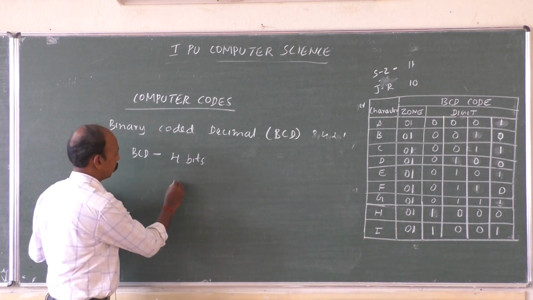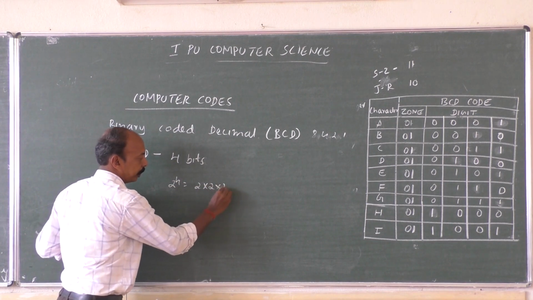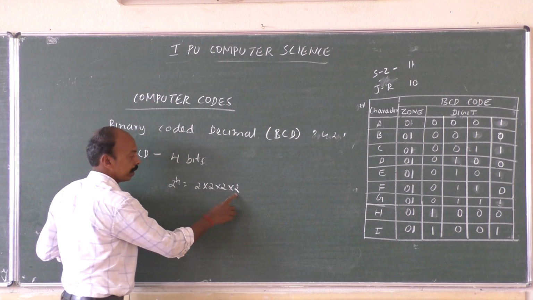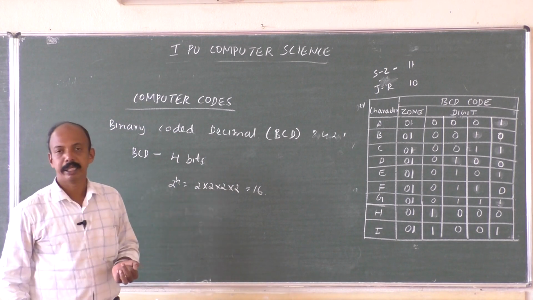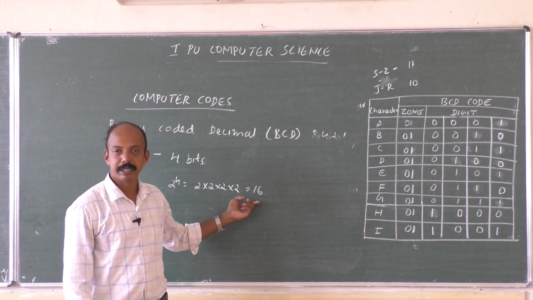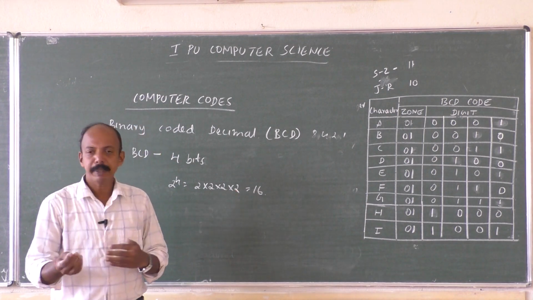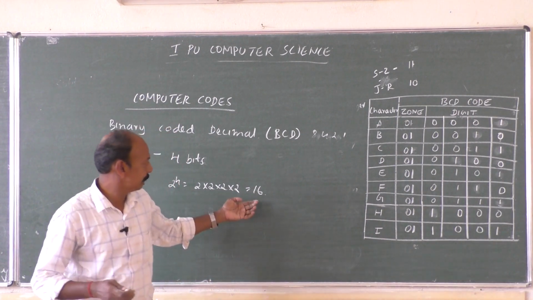That is 2 to the power 4, which is 2 into 2 into 2 into 2. 2 2s are 4, 4 2s are 8, 8 2s are 16. With 4 bits, it is possible to represent only 16 symbols, which is not enough to represent all the numbers and all the alphabets.